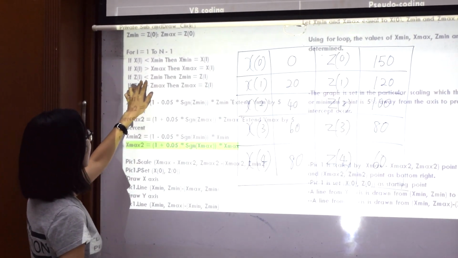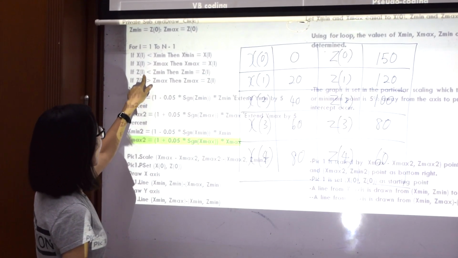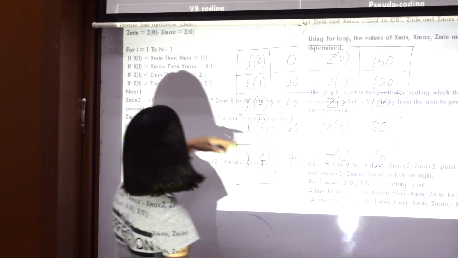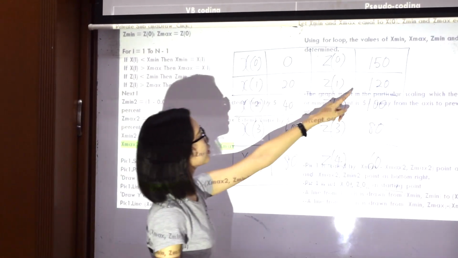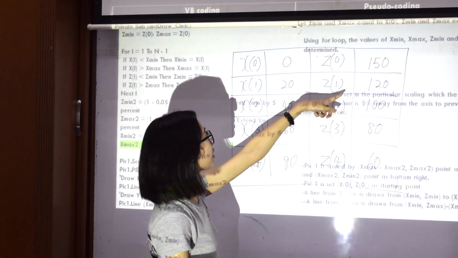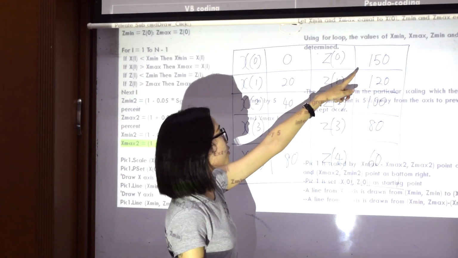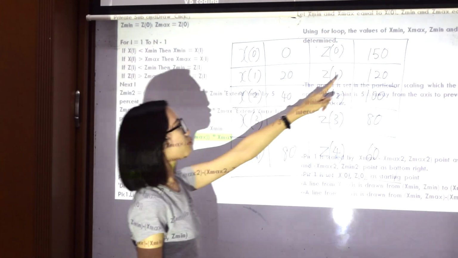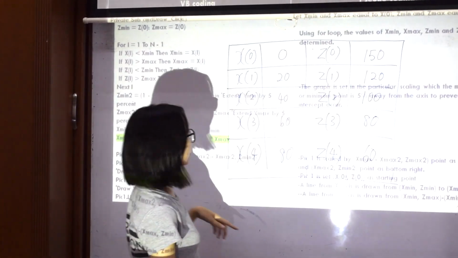And then for the Z also, if the ZI is smaller than Z minimum, which is the ZI is 120, smaller than Z0 150, then Z minimum will be 120.